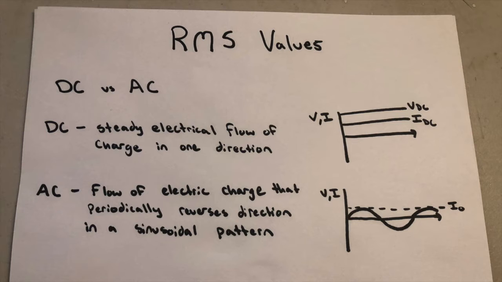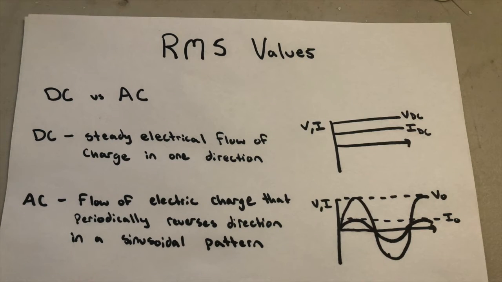But with an alternating current, we can see that it periodically goes to a maximum, which I've labeled as V0 and I0 for the respective voltage max and current max. It goes to a maximum, then down to a minimum, then back to a maximum, and it will do this the entire time it has the flow of electric charge.